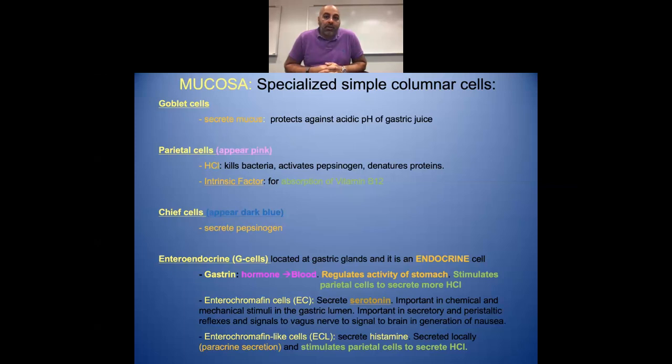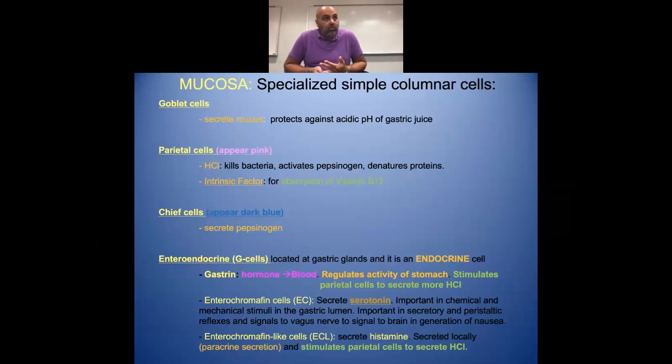Okay. We use it to activate that pepsinogen into pepsin and for protein breakdown. Intrinsic factor. So the parietal cell function is necessary to produce intrinsic factor. Intrinsic factor binds B12. It must be bound to B12 so you can absorb B12.